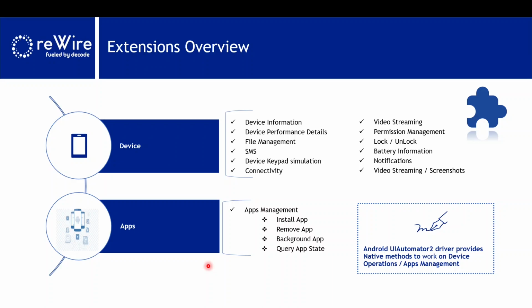There are certain methods available to remove the app or install the app, or to see whether the app is really getting into the background or not, or whether it is in the foreground, or whether the app is there in the device or not.